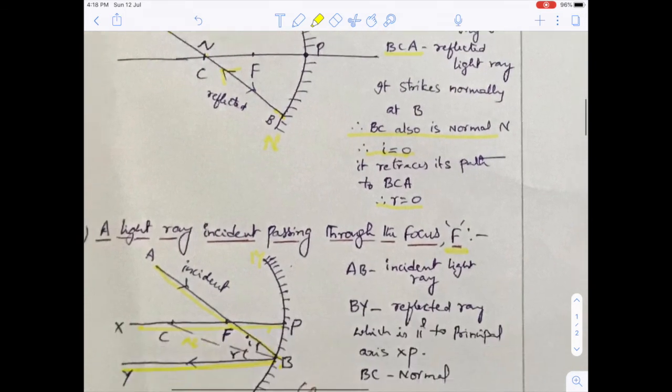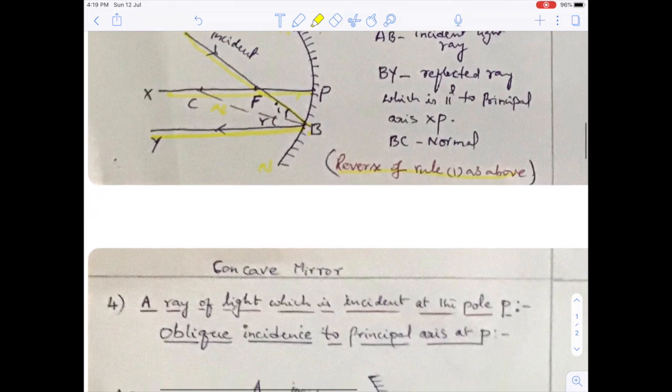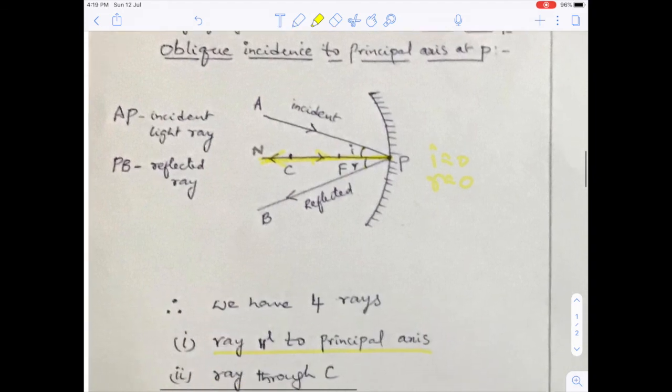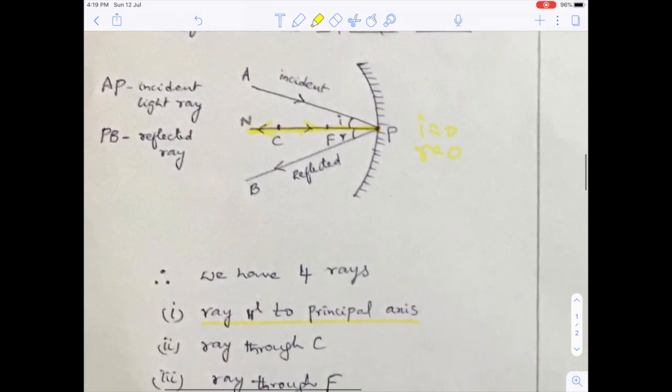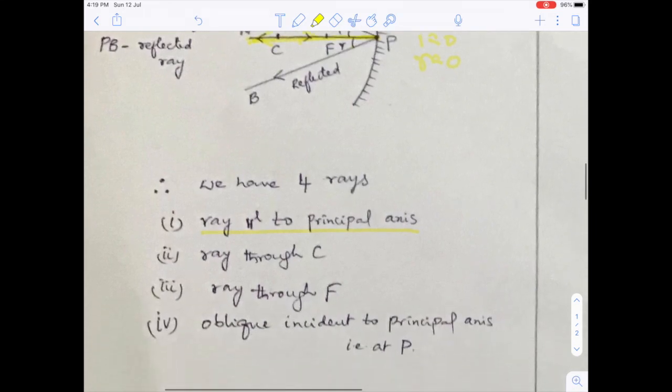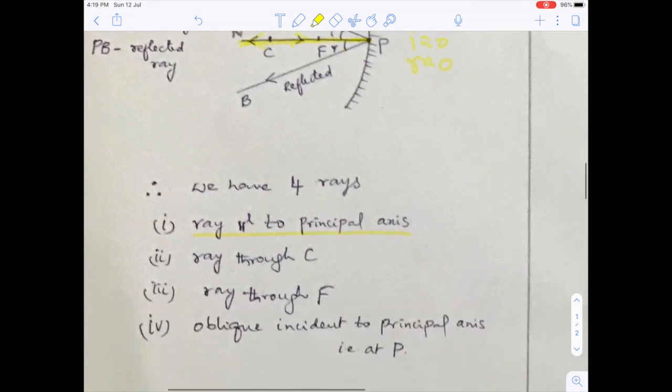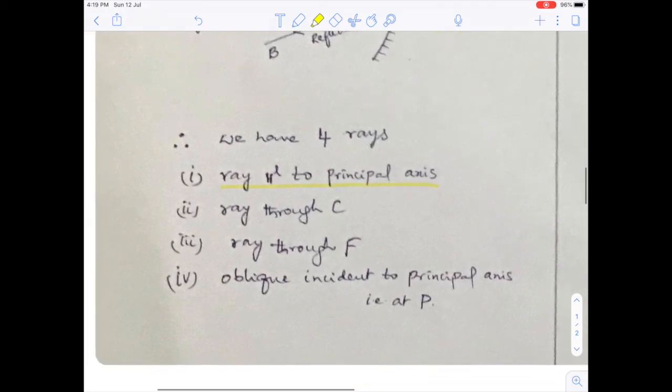The third one is passing through F, and you will have a reflected ray which is parallel to the principal axis. And when you have an oblique incidence at P, that means the light is incident at the pole P, you will have the reflection from the point P with the same angle. So these are the 4 rules, we can call them 4 rays.